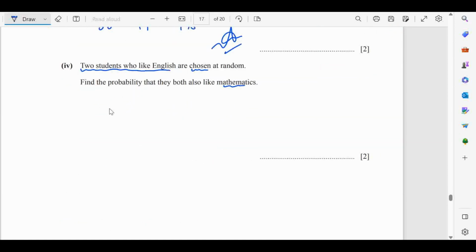So this must be 28 divided by 33, total 33 for the first pick, and for the second one this must be 27 because we have already chosen one of them, divided by 32.